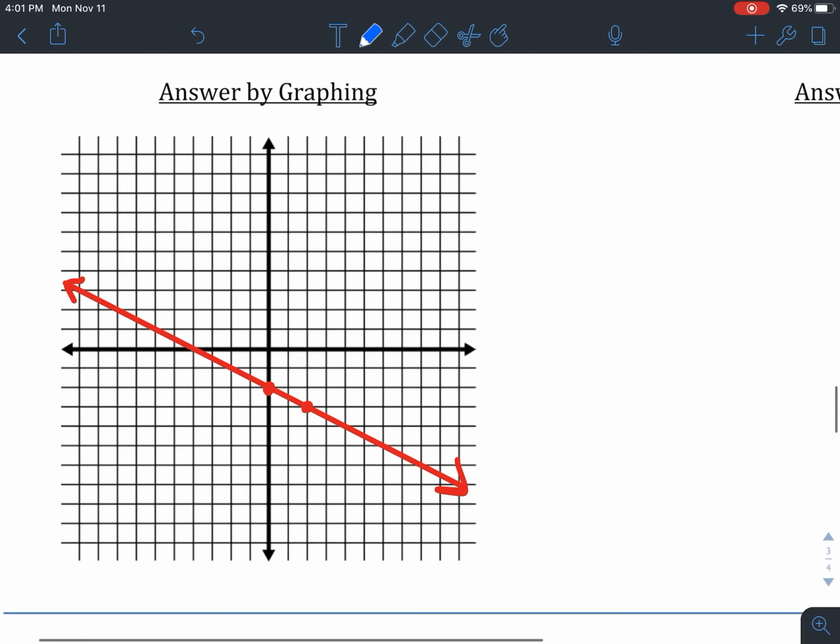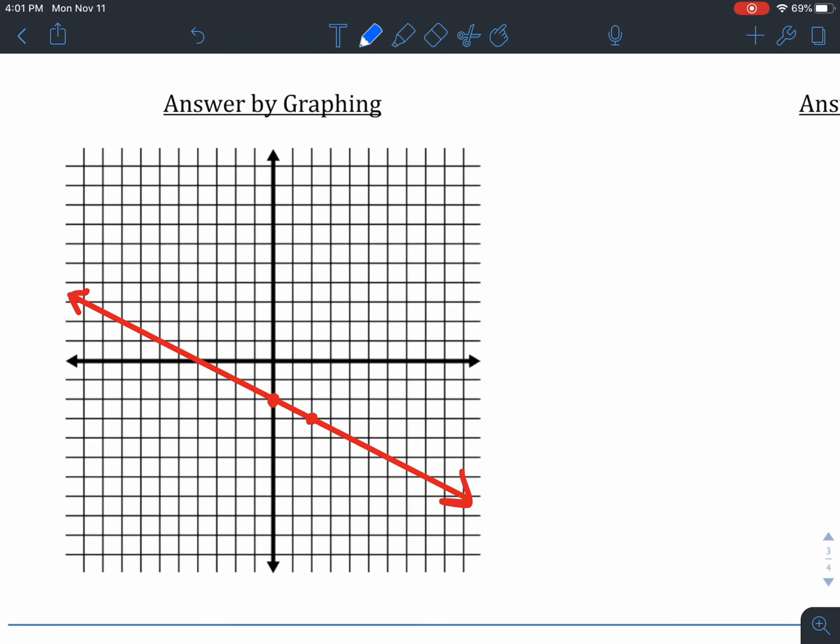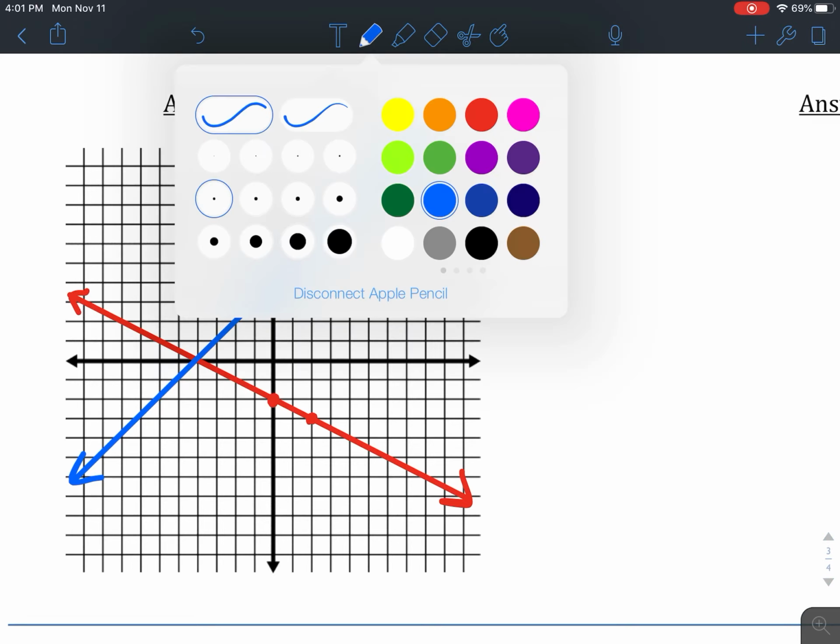This one is just x plus 4. So that tells me my y-intercept is 1, 2, 3, 4. My slope of positive 1 is just up 1 over 1. Let it lock in place. Right there is my equation.